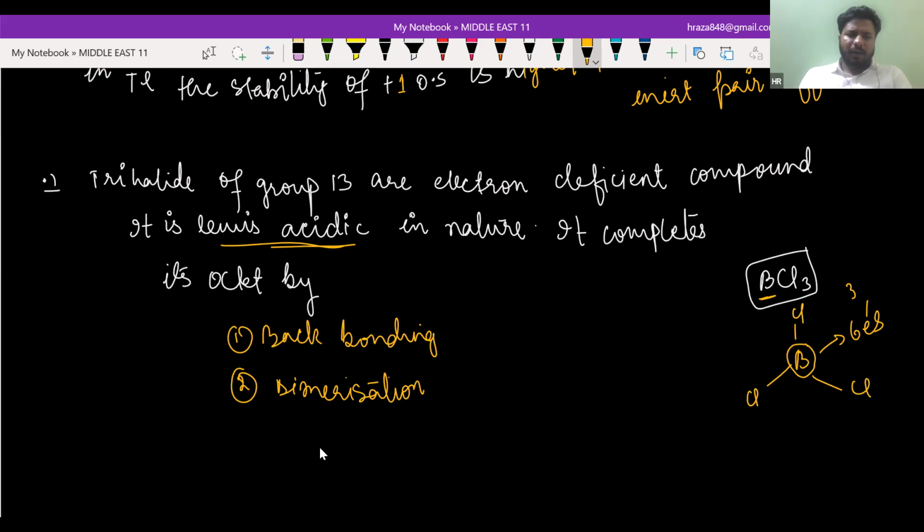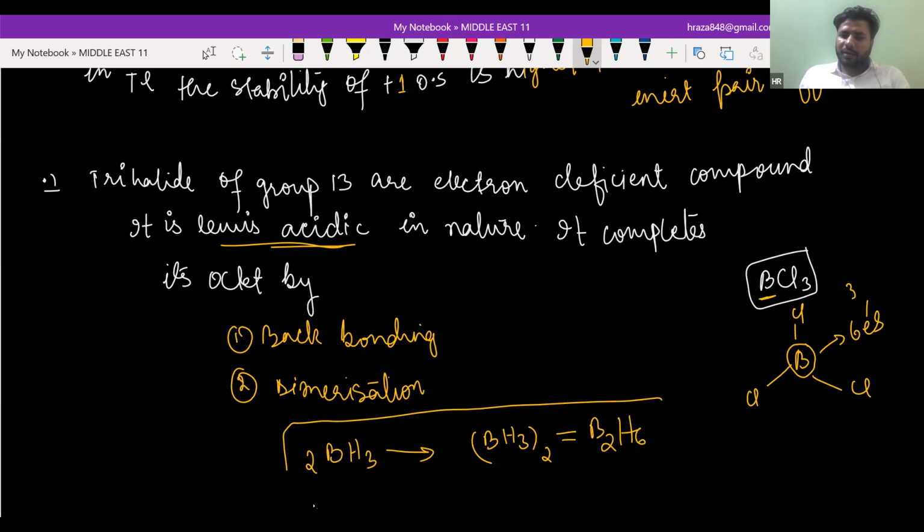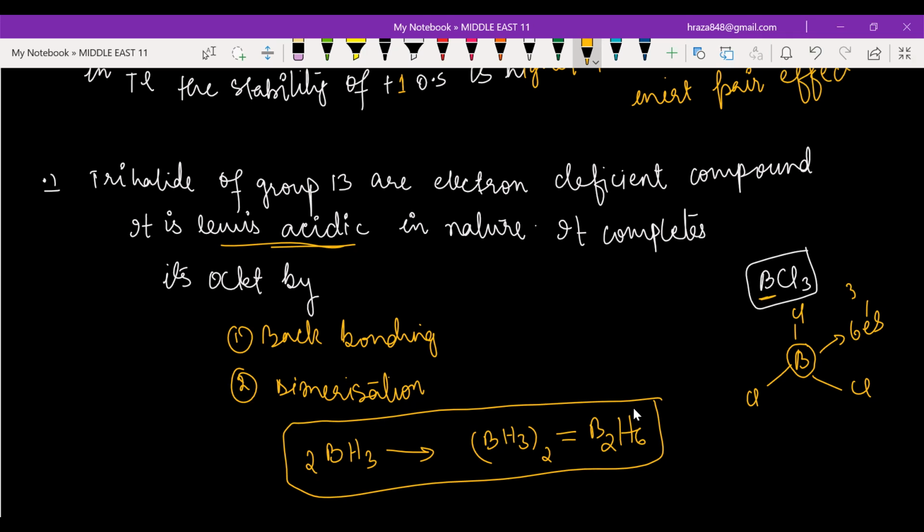Dimerization basically, this is a monomer. If you take 2 moles and form a single compound, that will be B2H6. This is dimerization. From 2 moles you are making 1 mole, that is dimerization.